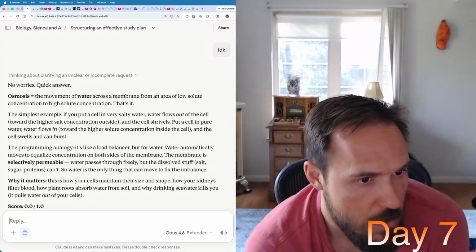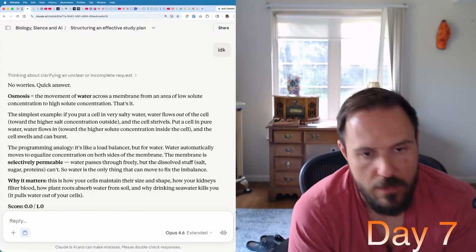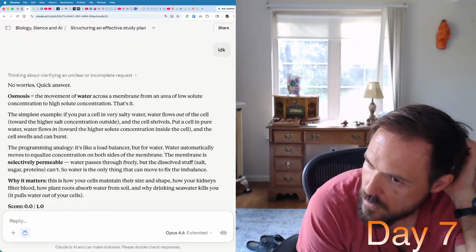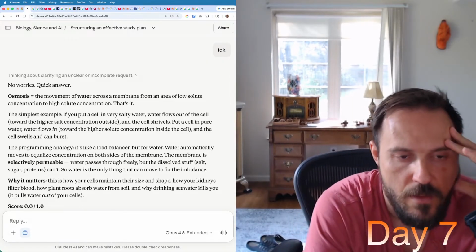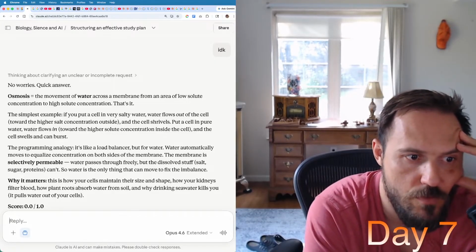Oh wow. The programming knowledge: it's like a load balancer, but for water. No, it's not. It's a one-way function. Water automatically moves to equalize concentration on both sides of the membrane.